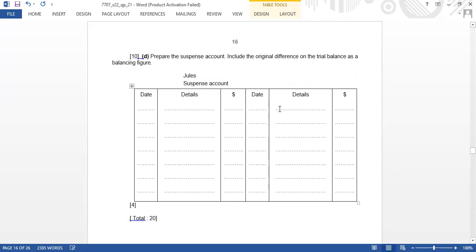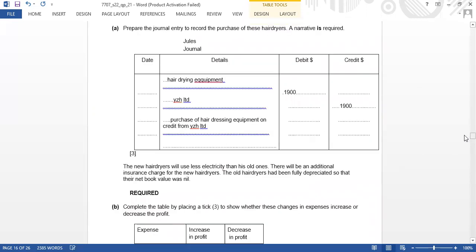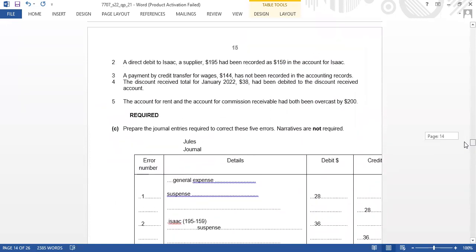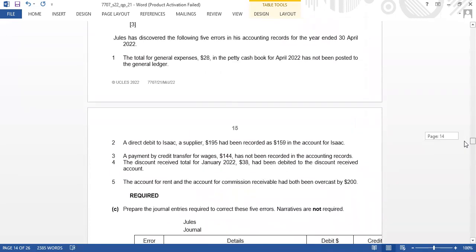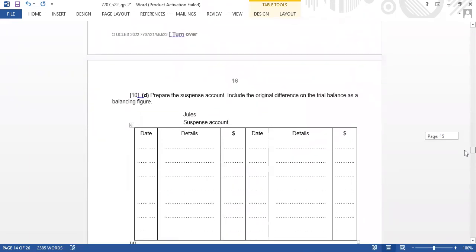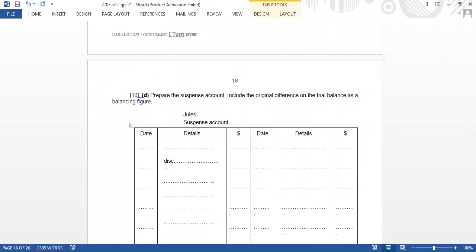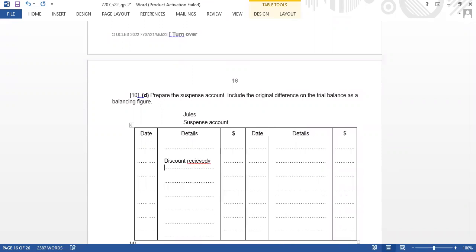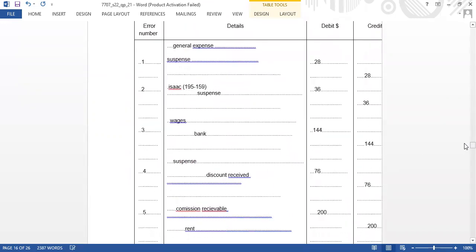So, okay. We have discount received. We have general expense to suspense.